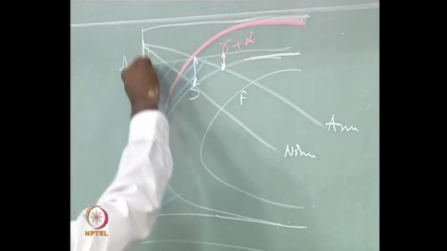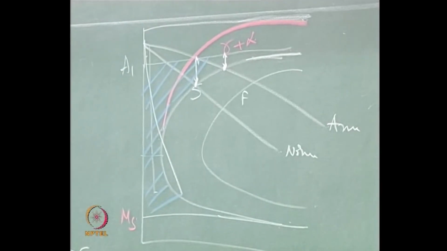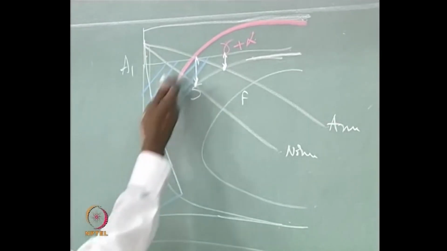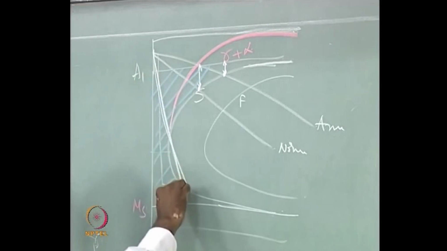So, for example, if I use a cooling rate something like this, you do not intersect this alpha plus gamma region at all. If you do not intersect the alpha plus gamma region, this alloy which you are cooling like this would not give you any proeutectoid phase.